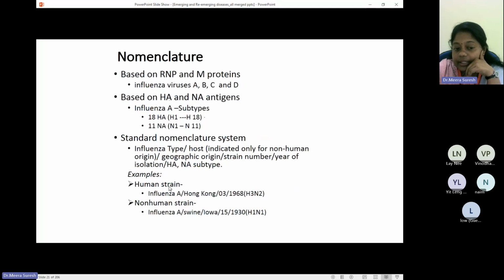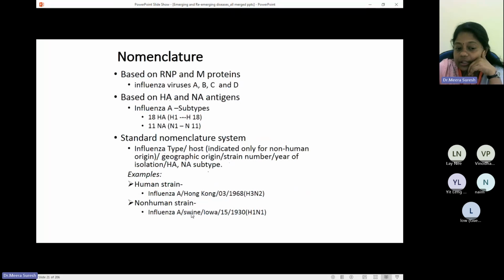So if it is a human strain, the influenza type is influenza A, and we don't have to give the host because it is required only if it is non-human. The geographic origin was Hong Kong, strain number 03, year of isolation 1968, and HA NA variety H3N2. So the H3N2 variety, that's one type.